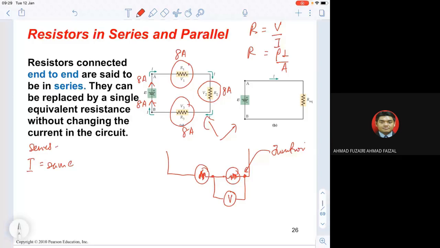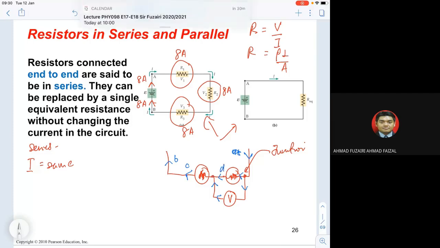Here it comes to this point, then you split up, and it will meet again and go back to the normal one. At point A and point B we will have the same current. At point C, yes, the same current.